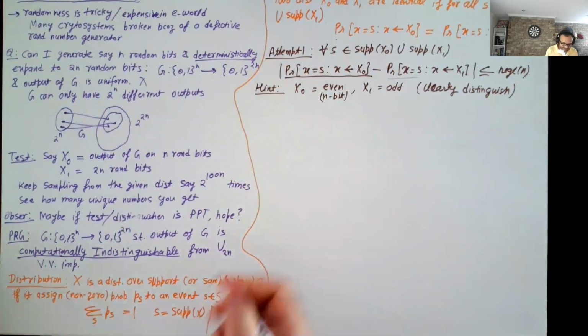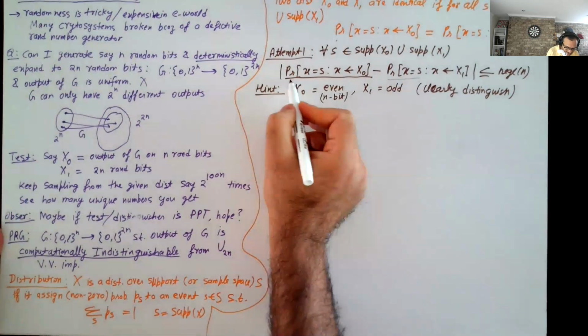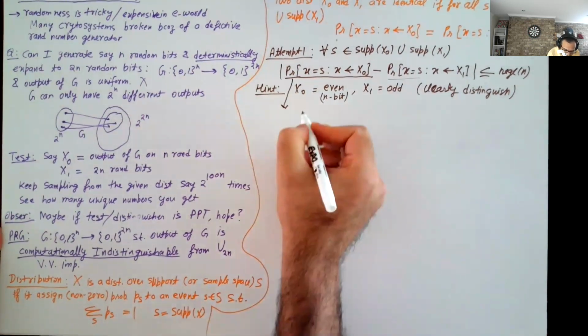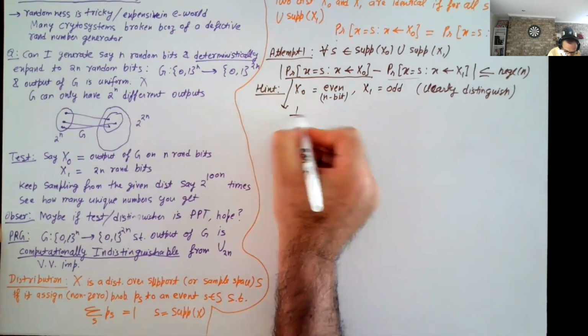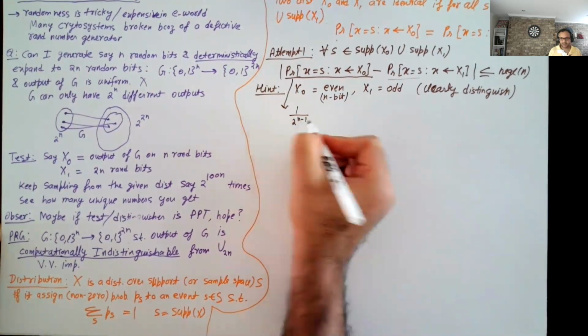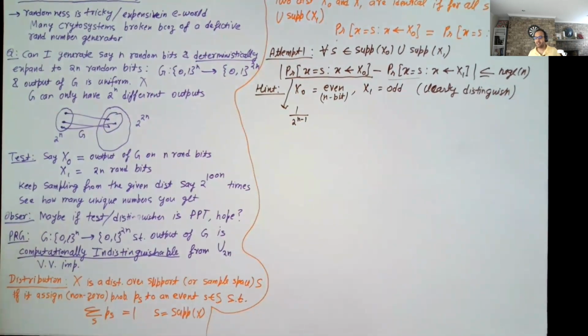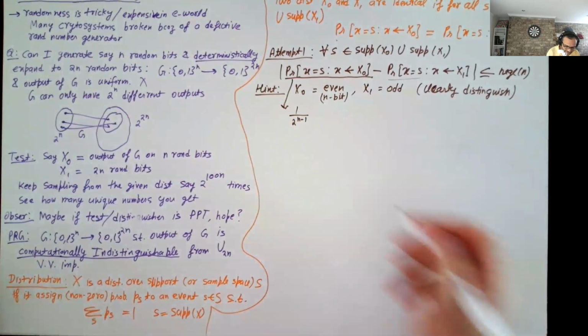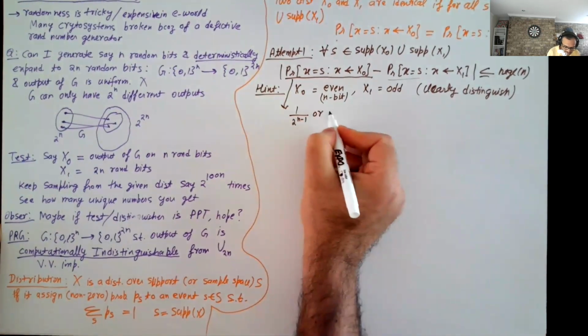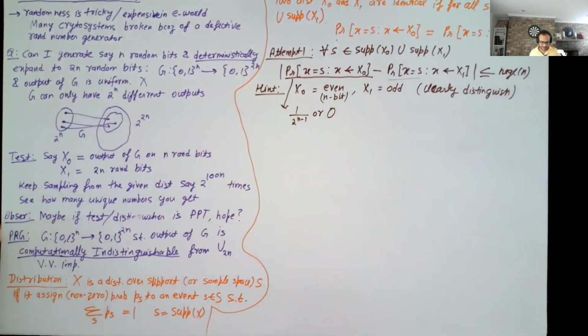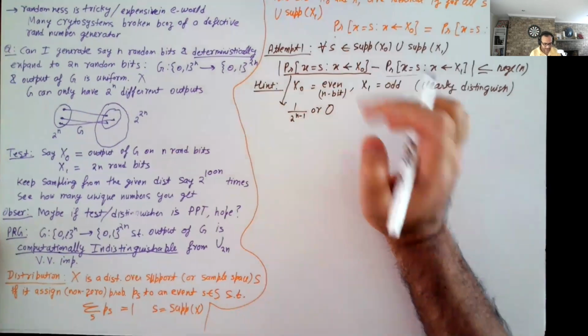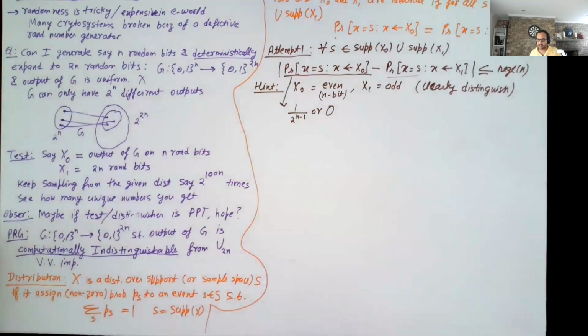On the other hand, this probability here is either 1 by 2 to the power n minus 1, because this is the number of even numbers, or 0. If you pick s to be odd, then for x0, this probability would just correspond to 0.